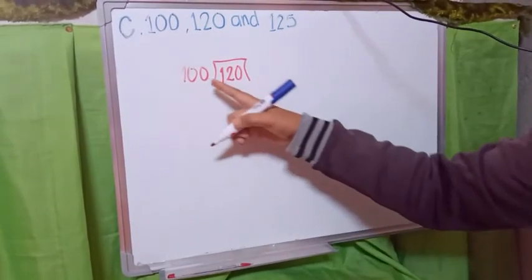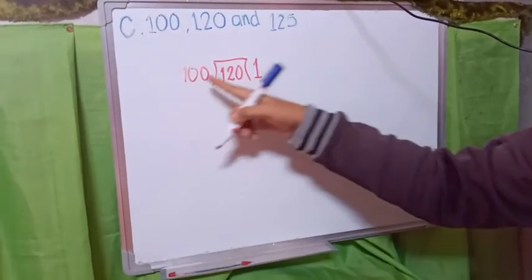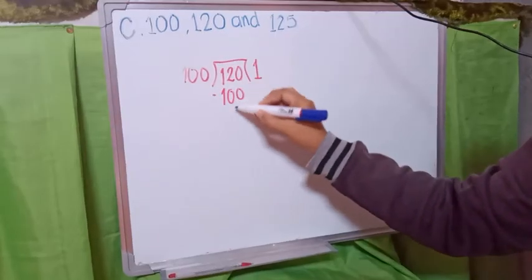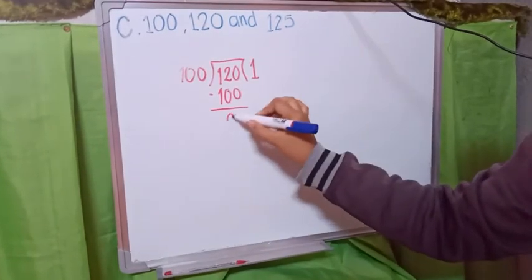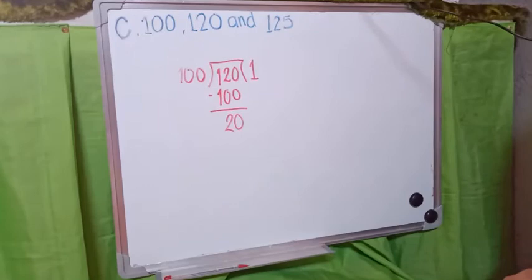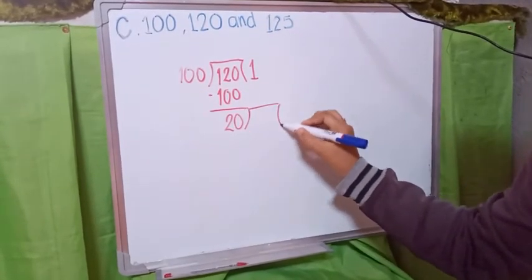So 120 divided by 100, that is 1. So 1 times 100, that is 100. So we need to subtract it. 120 minus 100, that is 20. Okay, so your remainder 20 would become your new divisor, and your 100 becomes your dividend.